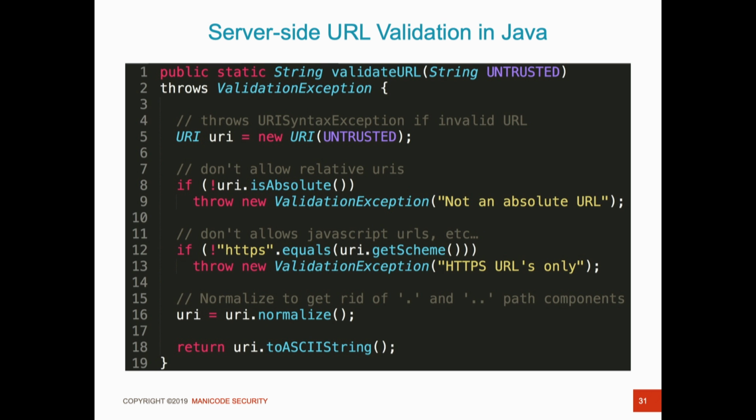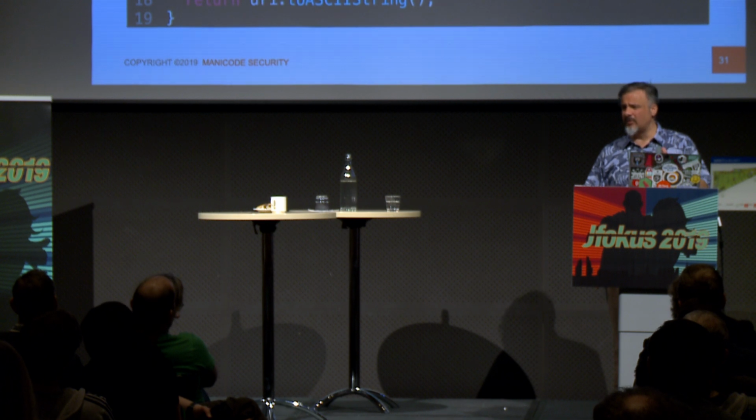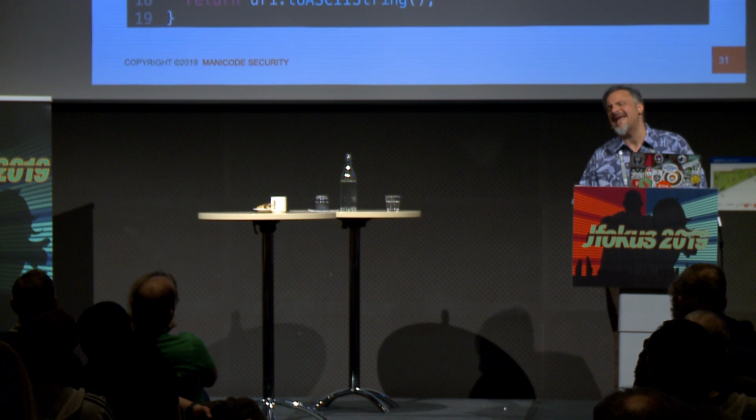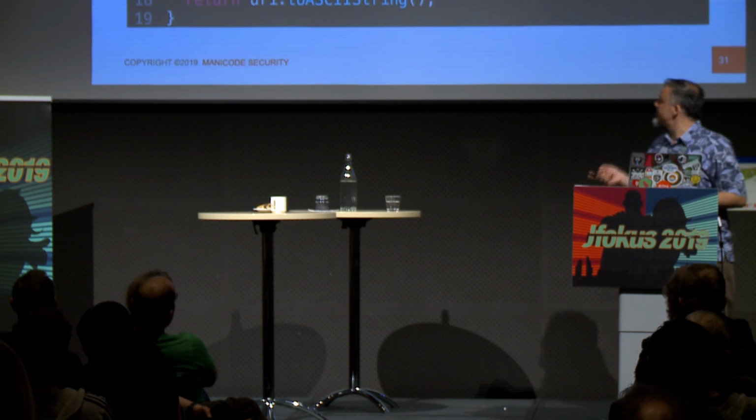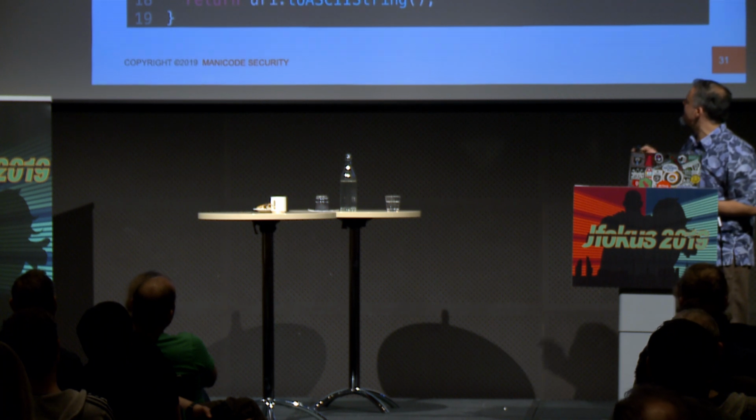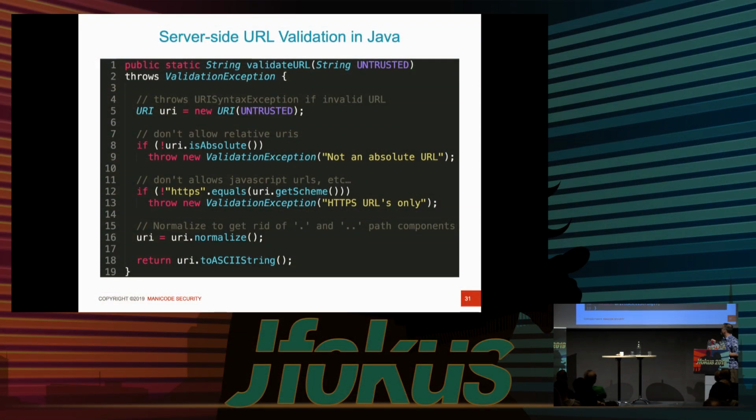But I'm just trying to get rid of path traversal tags, like a dot dot or a dot dot slash. Anybody who gives me a dot dot slash in a URL is doing something to attack me. They're trying to evade some kind of URL security. So I'd probably replace this: not just get rid of those path components, but if the normalized URL differs from the original one, I'd probably reject it flat out. Just discussing it.